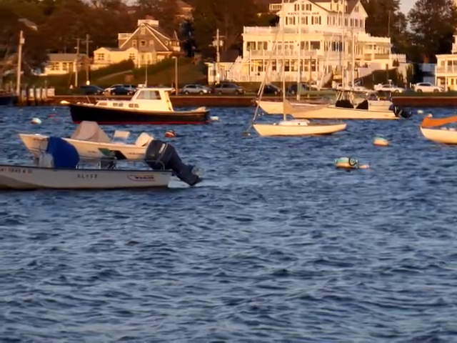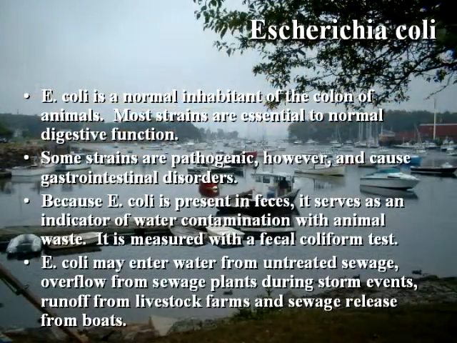This intestinal bacterium is Escherichia coli, or it's usually referred to as E. coli for short. And this is present in the intestines of many kinds of animals. And it's certainly present in our intestines, and it's an essential resident there.